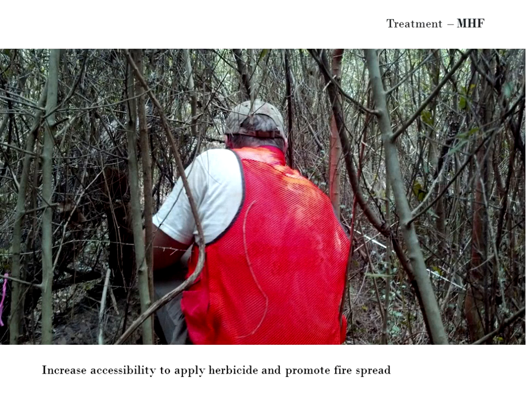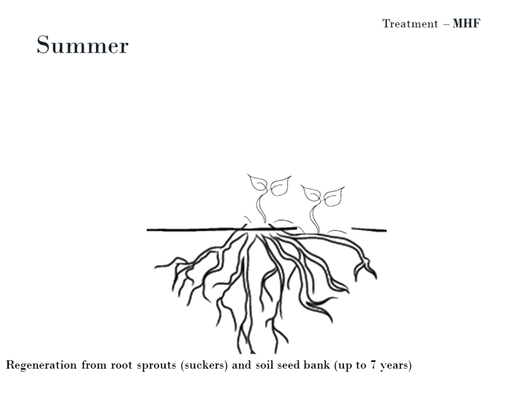On the right shoulder of Stephen there, that's actually a Chinese tallow, and it's really hard to climb in there with a backpack sprayer to effectively get that tree. So the idea is that mastication helps open it up, helps us target the Chinese tallow, and also helps promote fire spread. In these really dense stands, there's not a lot of oxygen able to get in there, so hopefully mastication would help promote fire spread as well.